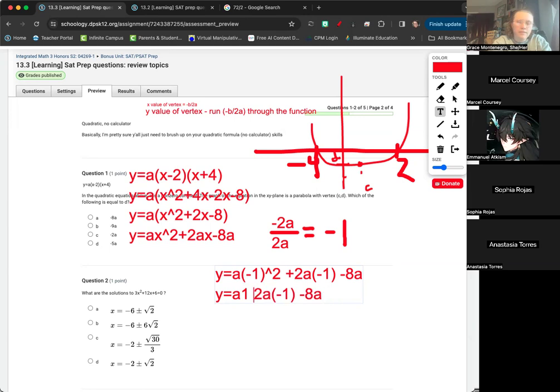Negative 1 times all of this is going to turn it negative. And a times 1 is just a. So great, we're getting somewhere. Negative 2a, negative 8a, those turn into a bigger negative. That's negative 10a. And 1 positive a minus 10 a's is going to end up with negative 9a, which thankfully is an answer.